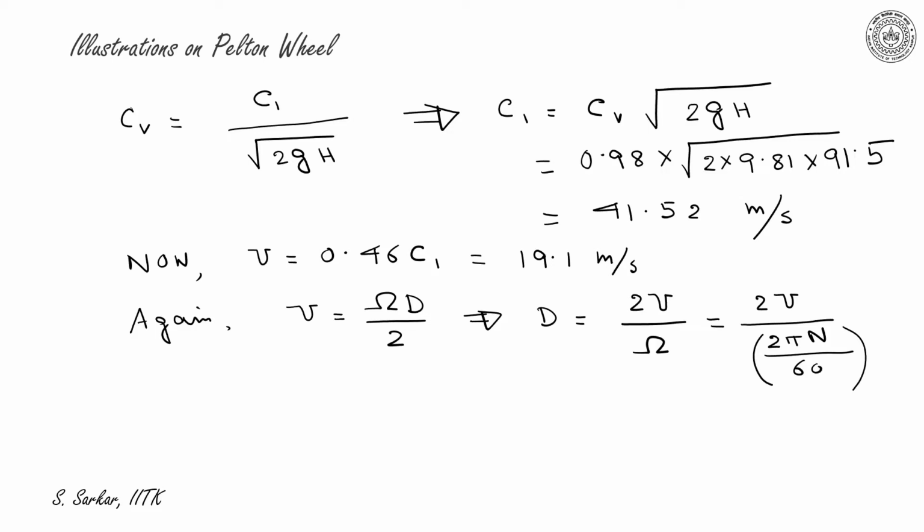U I have evaluated as 19.1, so this should be 2 into 19.1 into 60 divided by twice pi. RPM is 720.